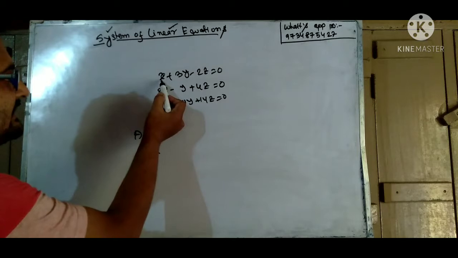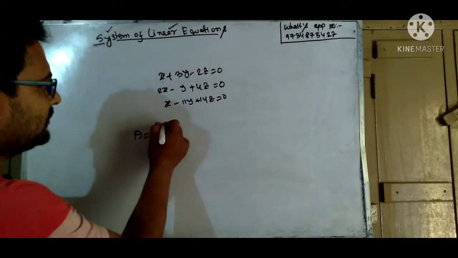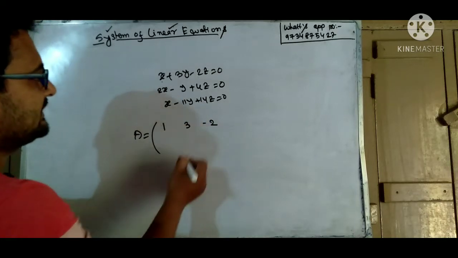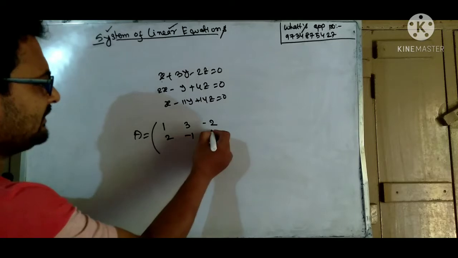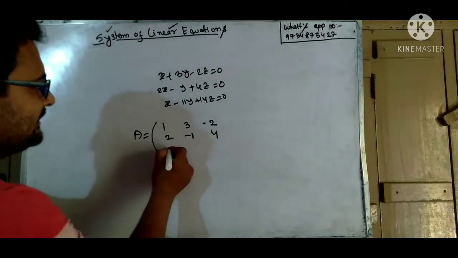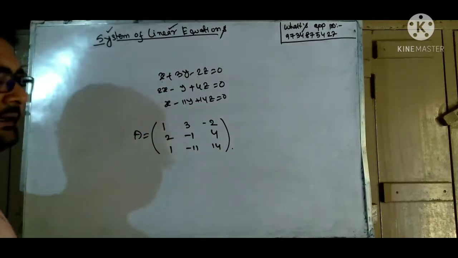So, here the coefficients are 1, 3, minus 2, so in the first row we write 1, 3, minus 2. Similarly, in the second row 2, minus 1, 4. Similarly, in the third row 1, minus 11, 14. Clear?